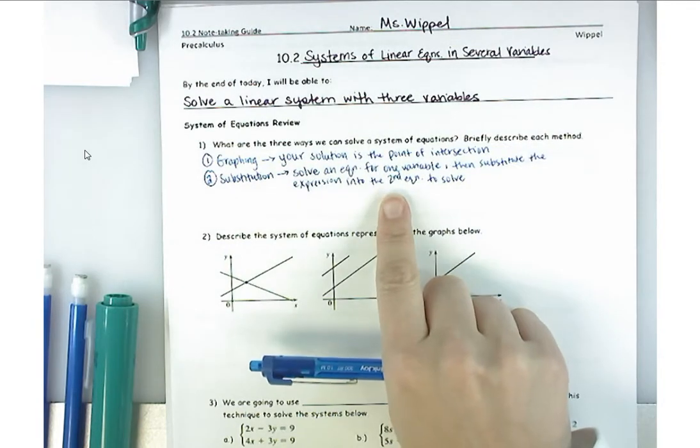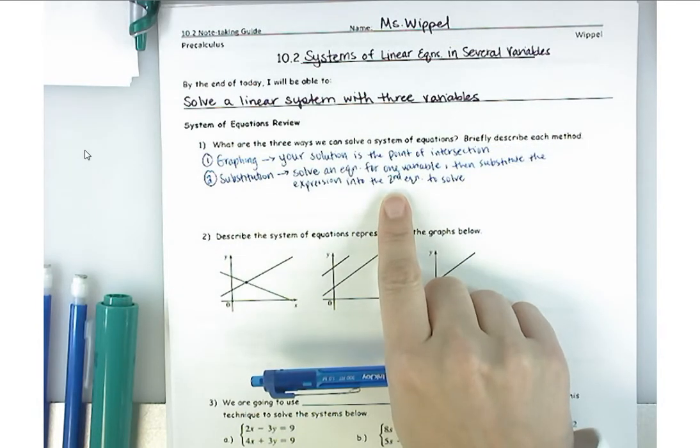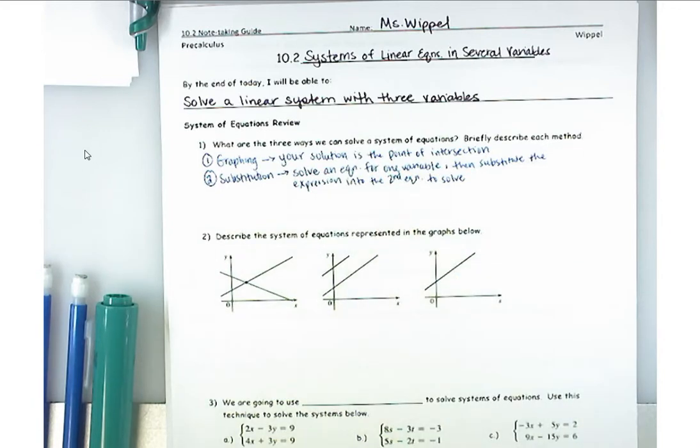Now, it's common to use substitution when you have a variable that has a coefficient of 1. Right? We are going to be using some substitution, but the main one we're going to use is elimination.